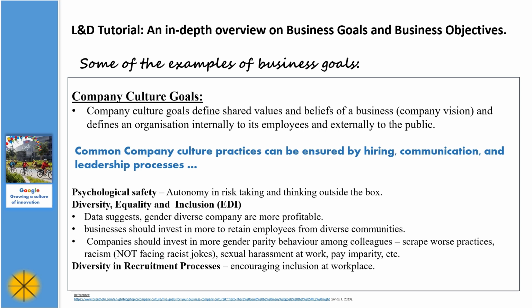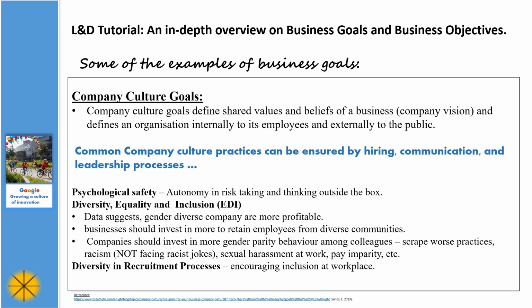Common company culture practices can be ensured in hiring, communication, and leadership processes, such as allowing staff autonomy in healthy risk taking, which allows them to think outside the box and take initiative, and having diversity, equality, and inclusion at the workplace.